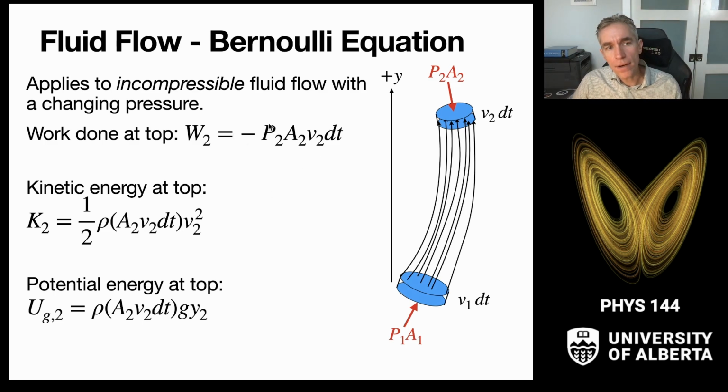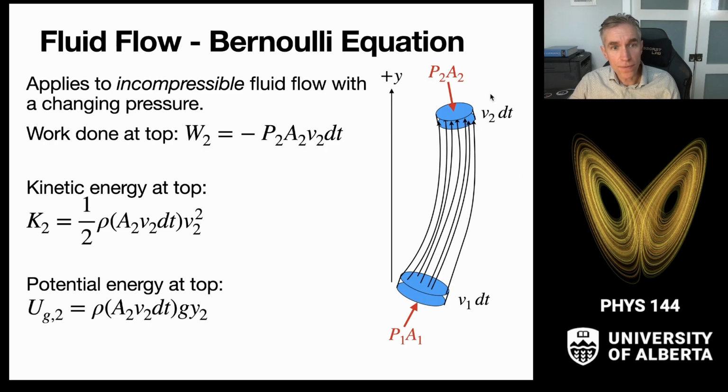The work here we're going to treat as a negative work because it's working in the opposite direction of the flow. So we think about the pressures pushing externally on the flow tube between point A and point B. The pressures are pushing inward in both directions. But in this case, the force is acting opposite the displacement. And so we get a negative work from that equation.